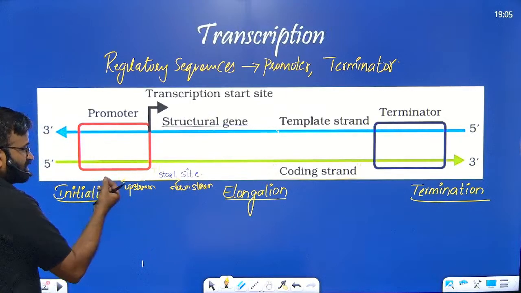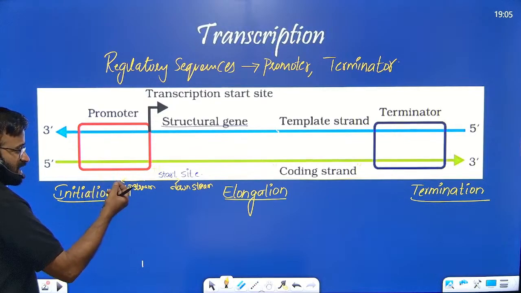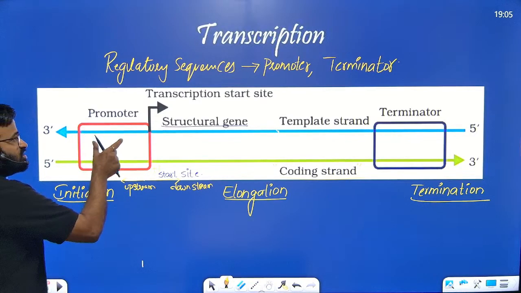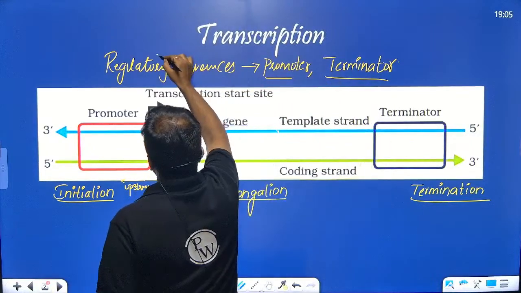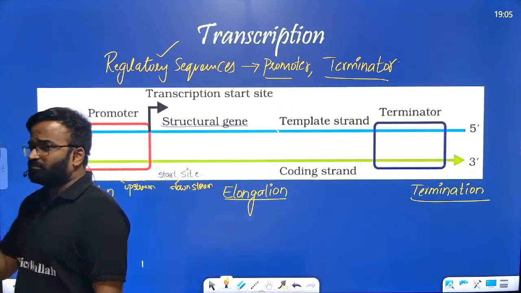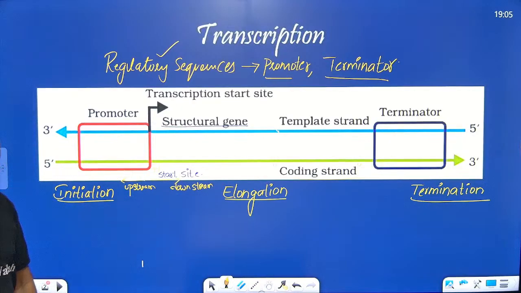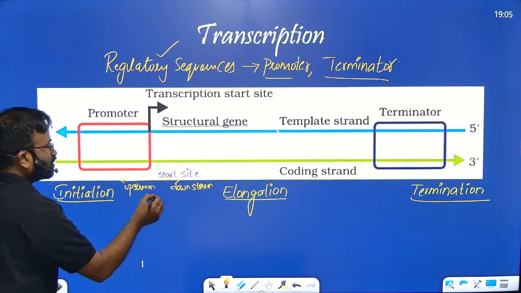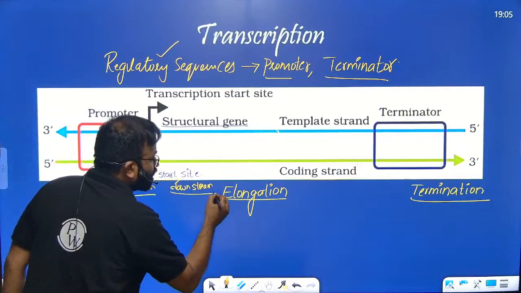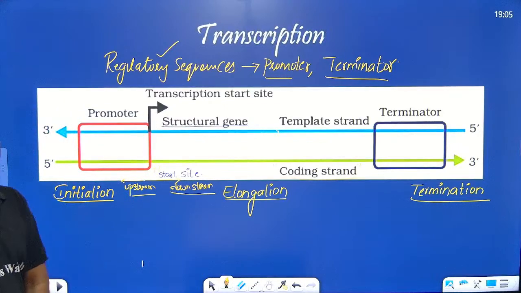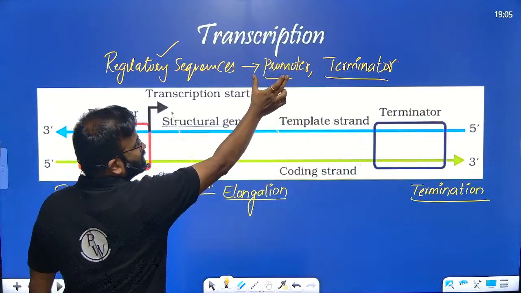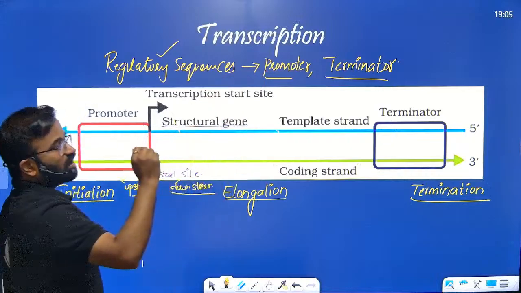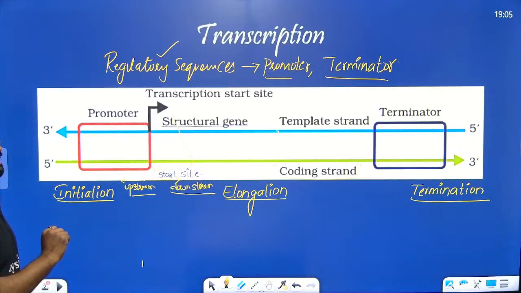And in the NCERT, it clearly says that it is not just these two which act as the regulatory sequences. There are many other regulatory sequences which are present both upstream and downstream of the coding strand. Makes sense? These are not the only sequences which regulate the transcription.